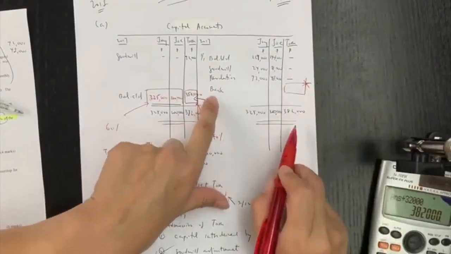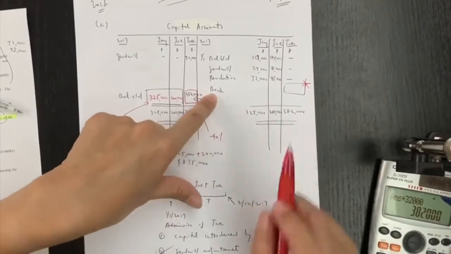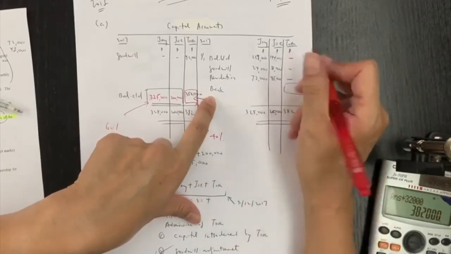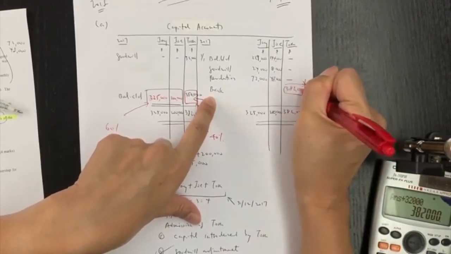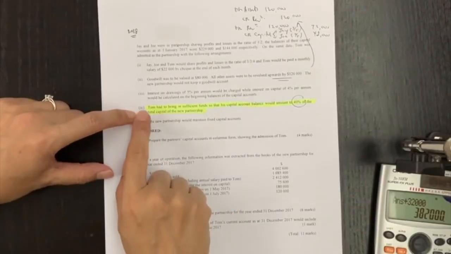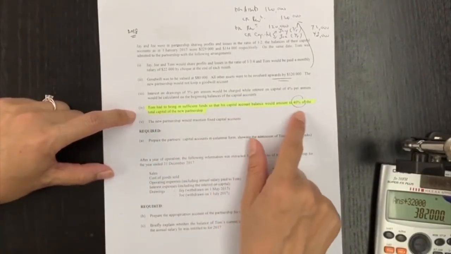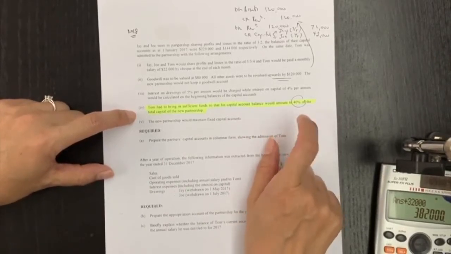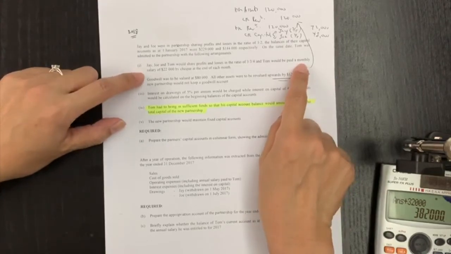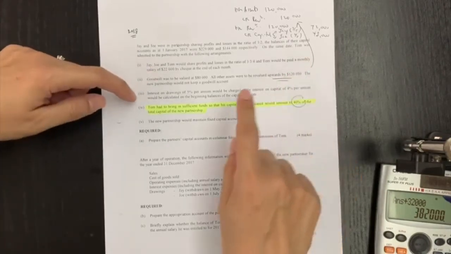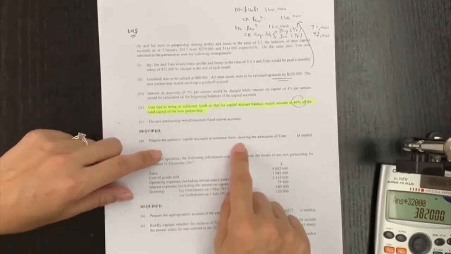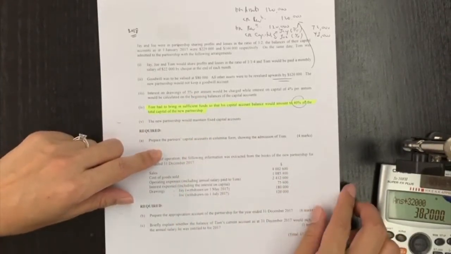Okay, so finally we can solve this. This is the amount that needs to be introduced by Tom in this question. So that would be 382,000. Okay, so in this question, point number 4 is the most special point here. And also to remind you one more time, salary paid to partner, interest on capital, and interest on drawings actually have no effects on the capital accounts.